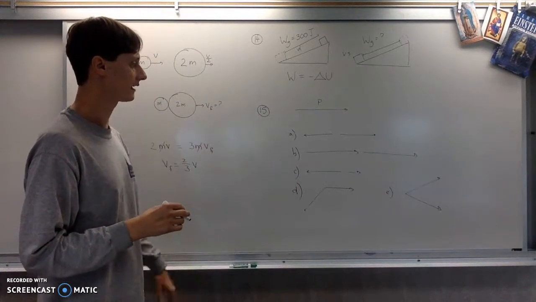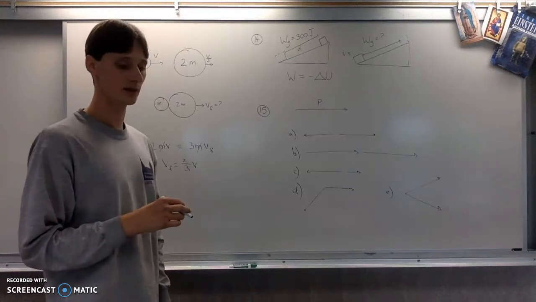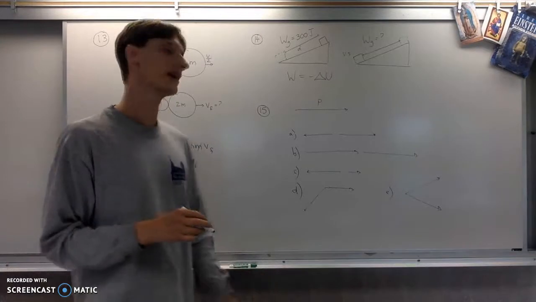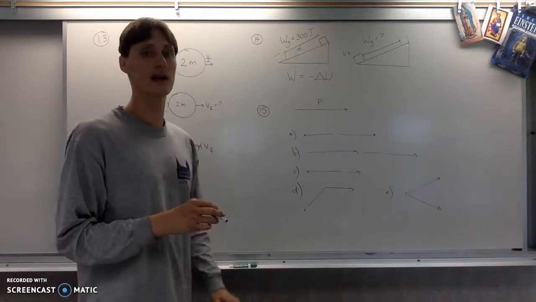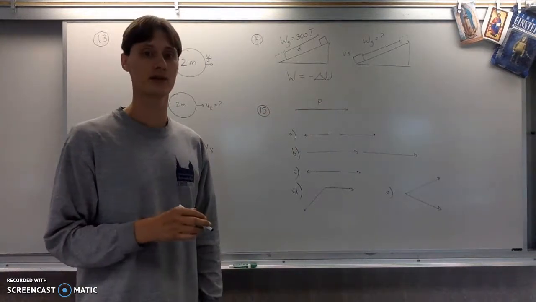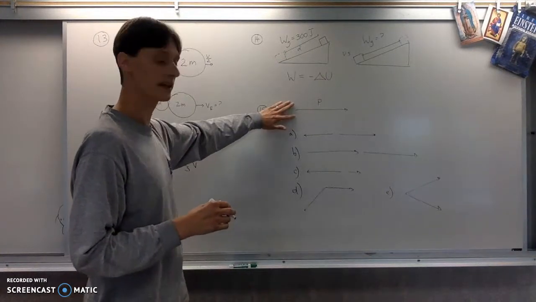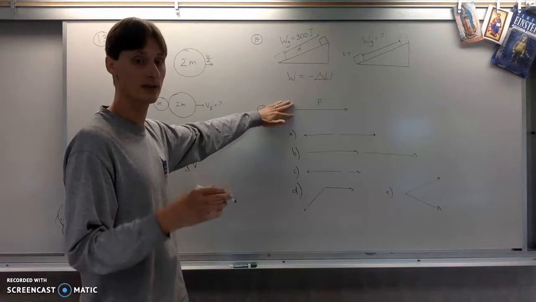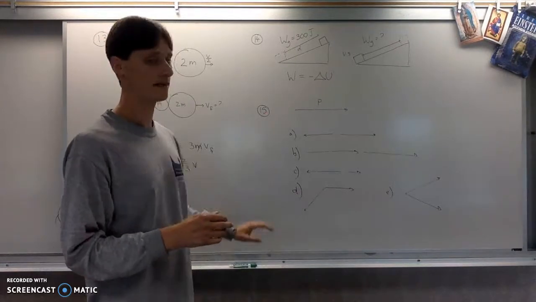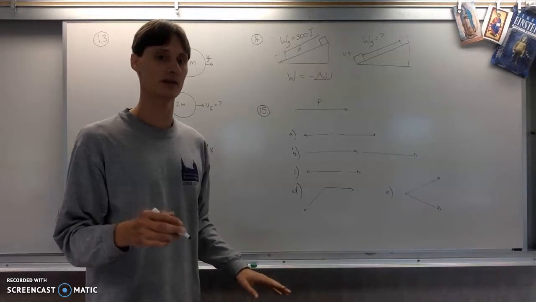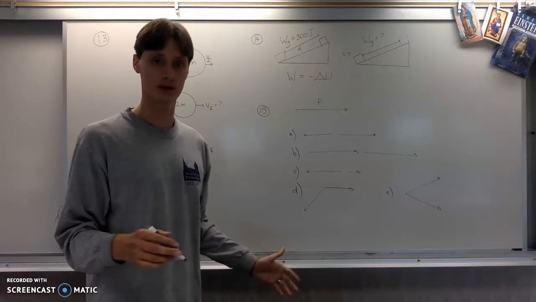All right, 15. This one is just a vector addition problem, right? And a visual one, right? Not one that involves actual, say, trigonometry, right? So if this right here is supposed to represent the initial momentum of the system, and they are saying that there are no significant outside forces acting on the system, then momentum is supposed to be conserved.